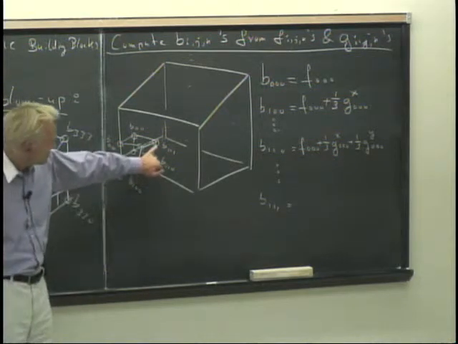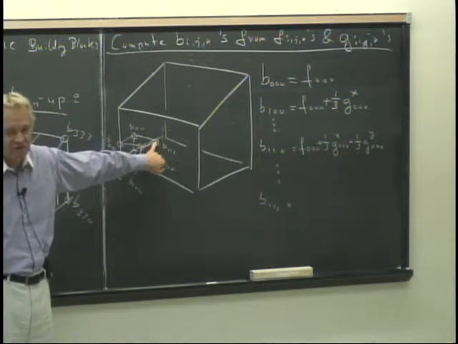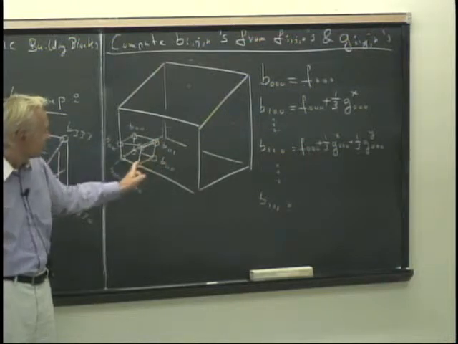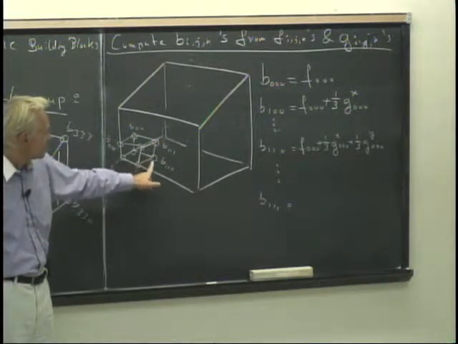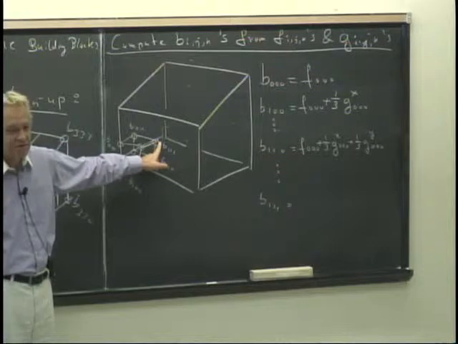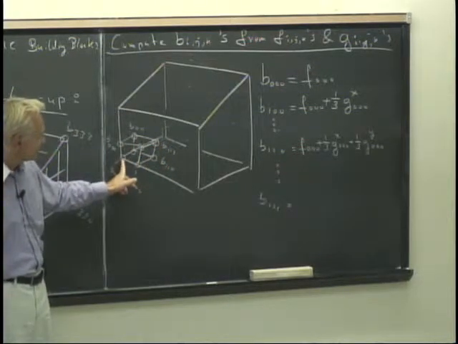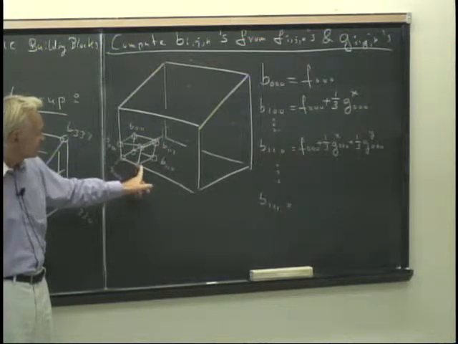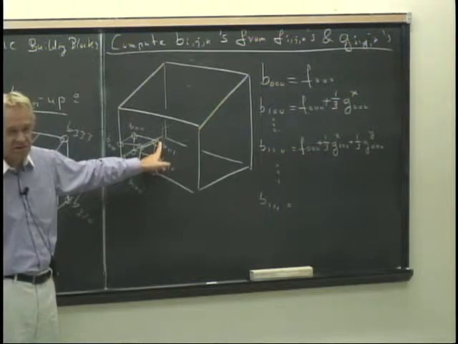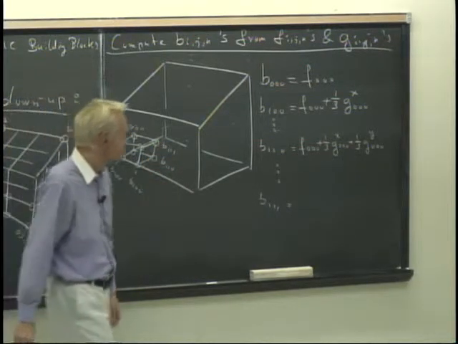The last interesting one is the upper right back corner, where you go 1 in x, 1 in y, and 1 in z. So just intuitively, you have to add the gradient in x, the gradient in y, and the gradient in z. Okay? That's the intuition here.